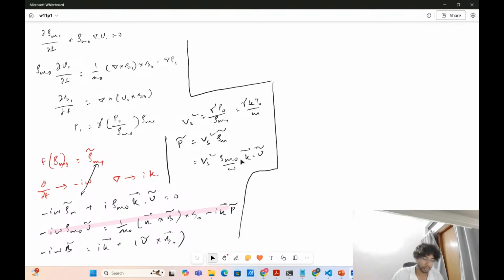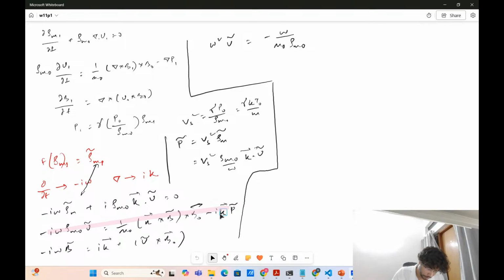Okay, just replacing that, what we get is omega square u tilde equals minus omega by mu naught rho m naught, well, rho m naught, b naught, these are okay because these are just constants of the base state.